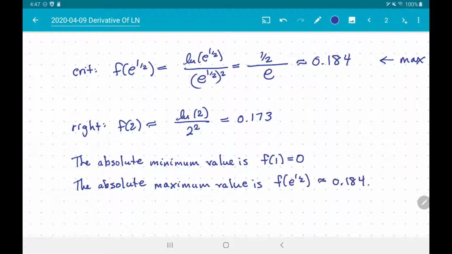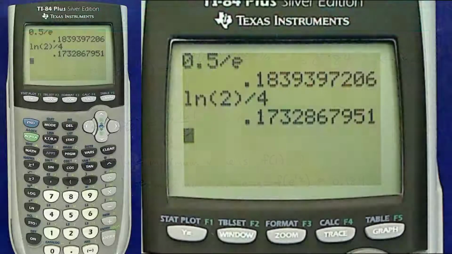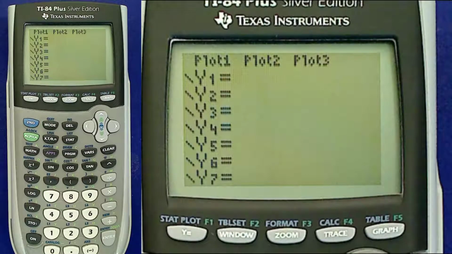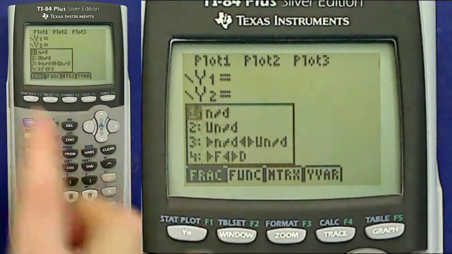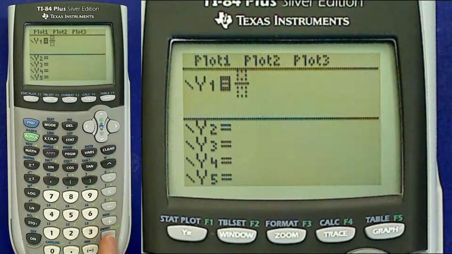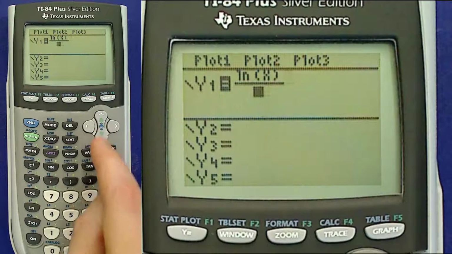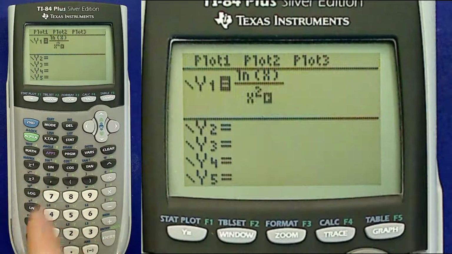Now, if you wanted to use the calculator to verify this, let me show you a way to do that. I'm going to go to the y equals screen now and type the original function f in as y1. So I'll hit alphabet and that key to get a fraction, and I need ln of x divided by x squared.